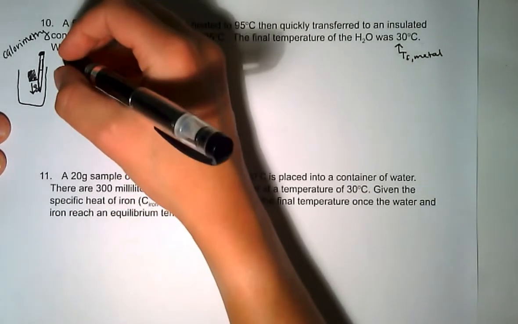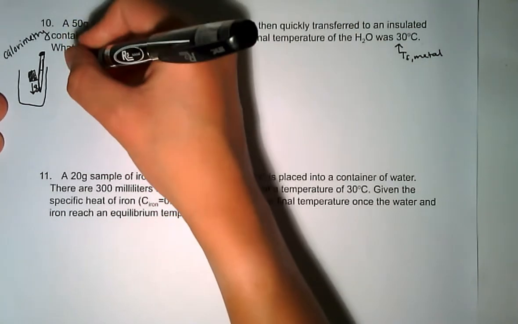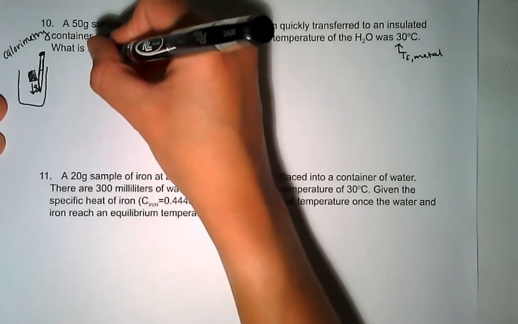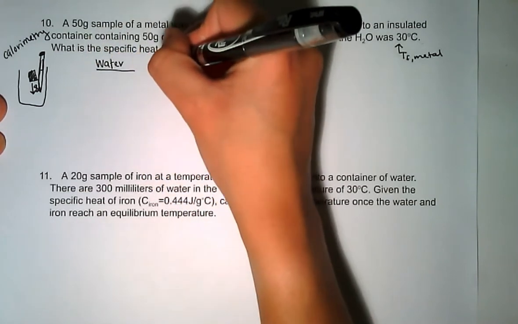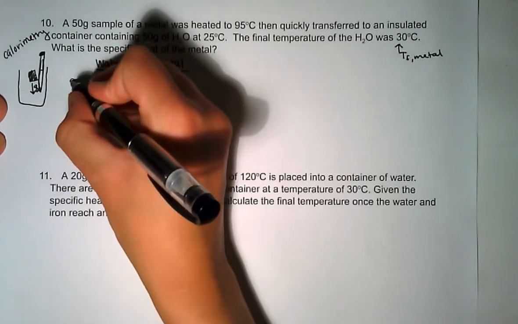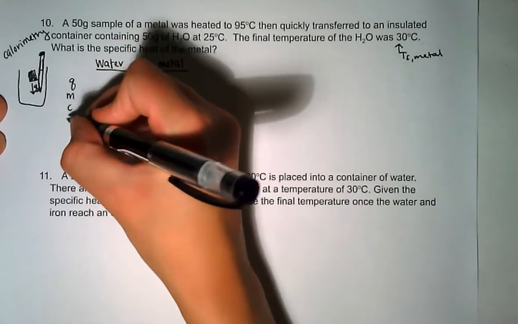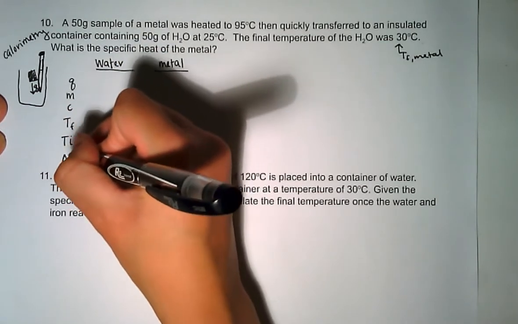So we have two situations going on. We have all of the variables for our water, and then we also have all our variables for our metal. So for our water, we have our Q, M, C, and then T final, T initial, and delta T, of course.